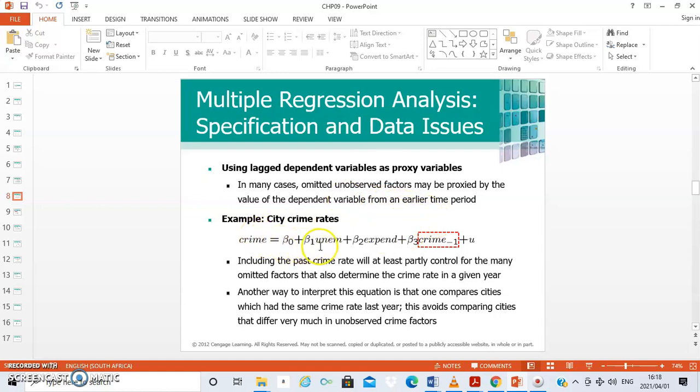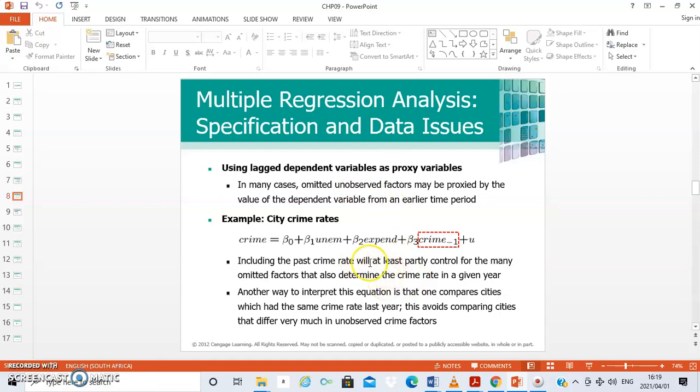For example, in the equation on crime, where we want to see how unemployment and expenditure affect crime, if we have another unobserved variable, we can use crime lagged by one period as one of the regressors to represent the unobserved or omitted variable.